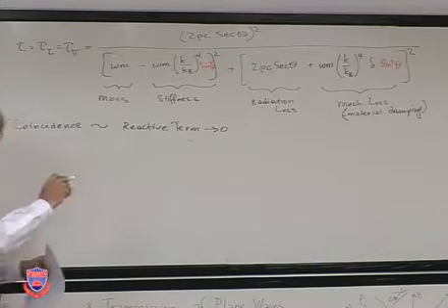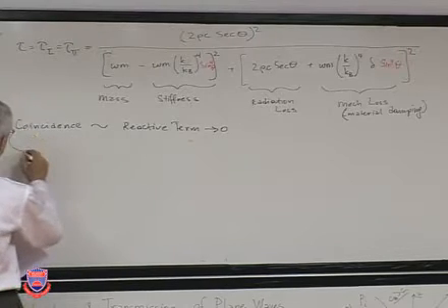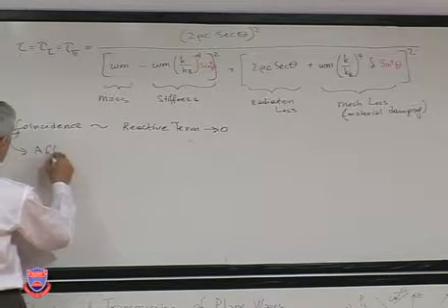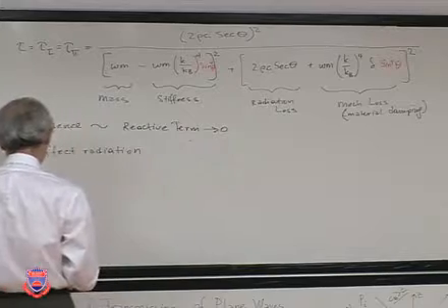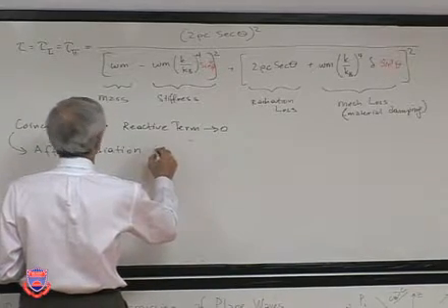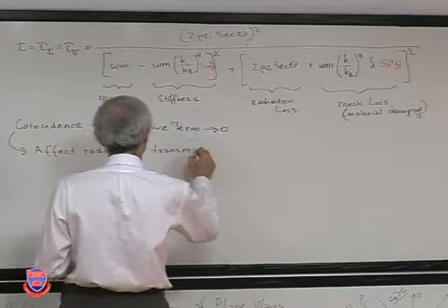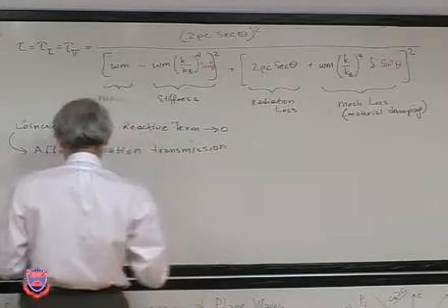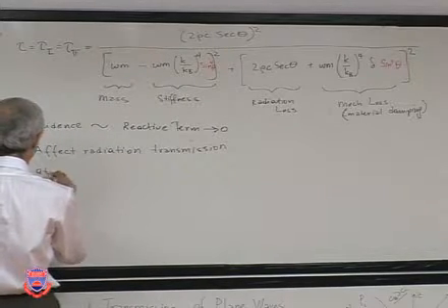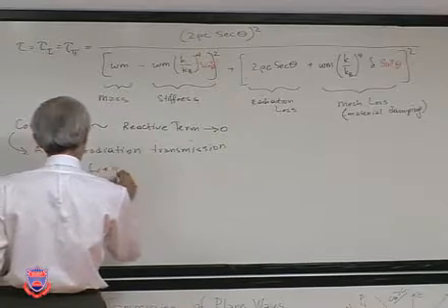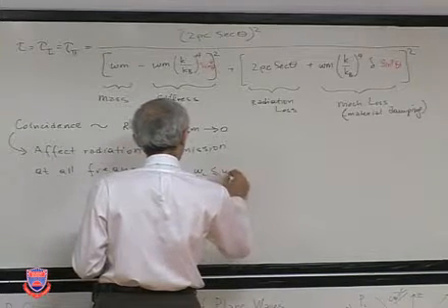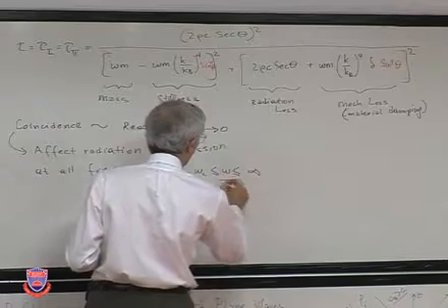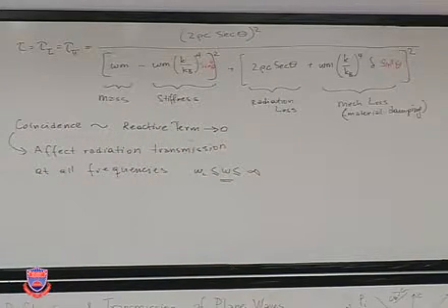So coincidence affects radiation transmission at all frequencies in the range above the coincidence frequency, because this is a transmission problem.